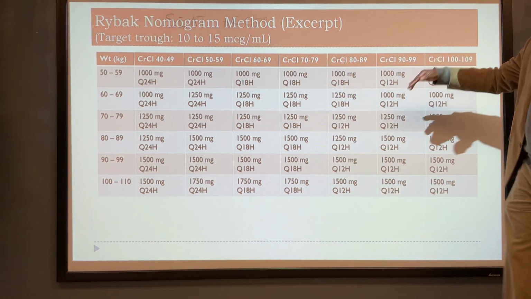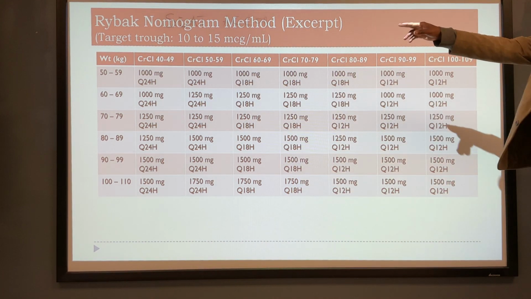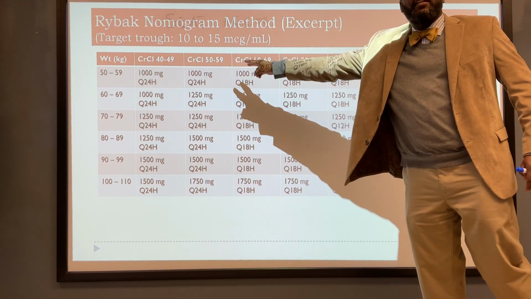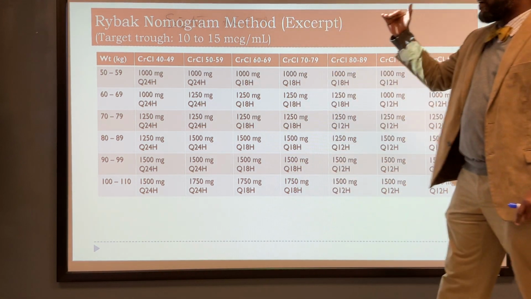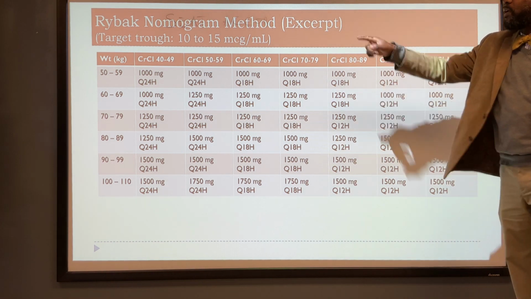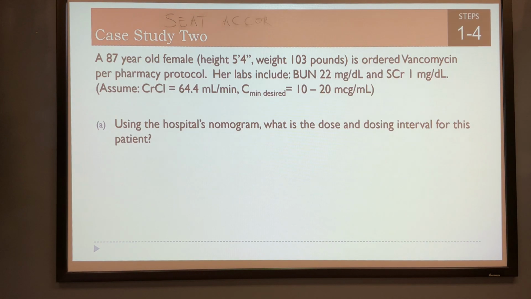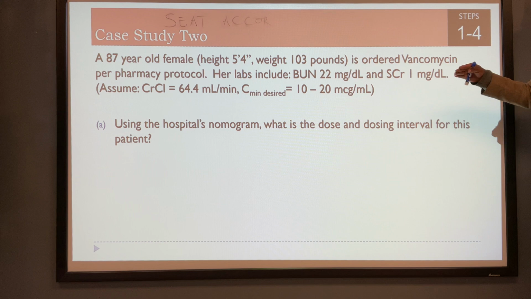So here is the lower target, the 10 to 15. As I mentioned a couple classes ago, with vancomycin our trough is normally from 10 to 20. You normally are going to have 10 to 15 for lower MIC microorganisms. For higher MIC microorganisms, we're looking at 15 to 20. So this is the 10 to 15 nomogram. For this particular patient, our desired trough is supposed to be 10 to 15, so we're looking at the lower dose.